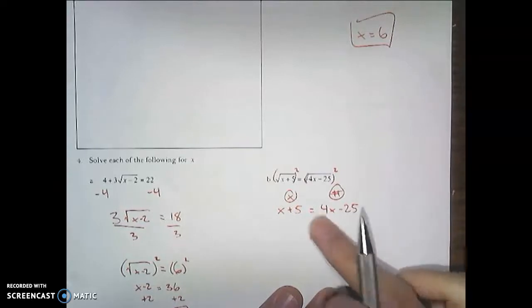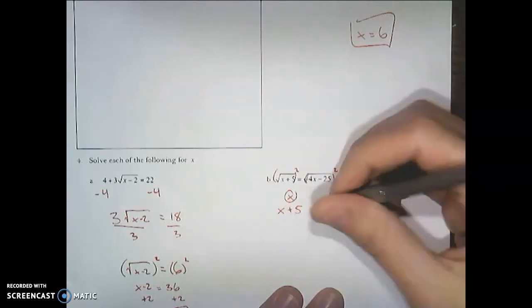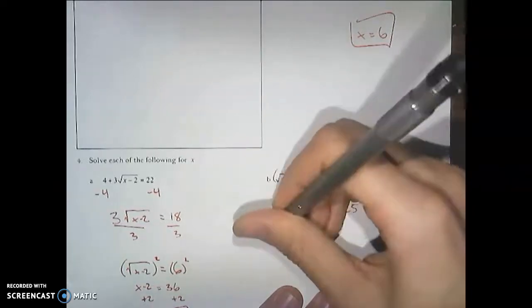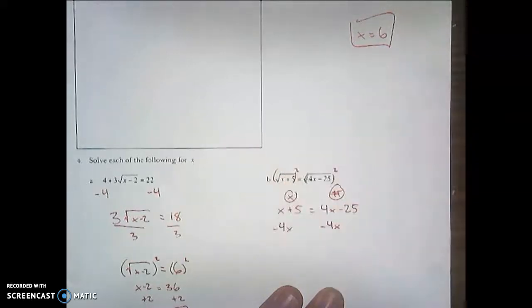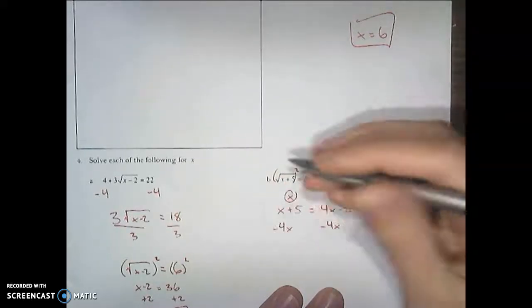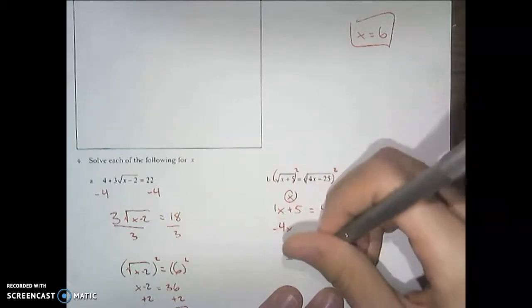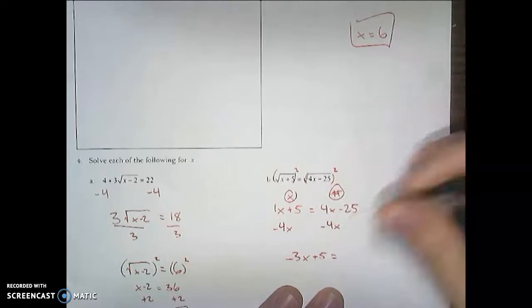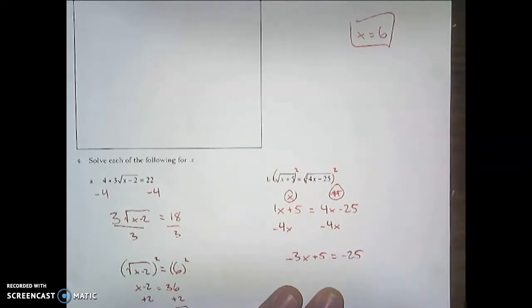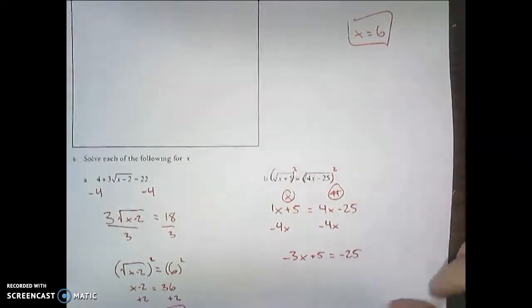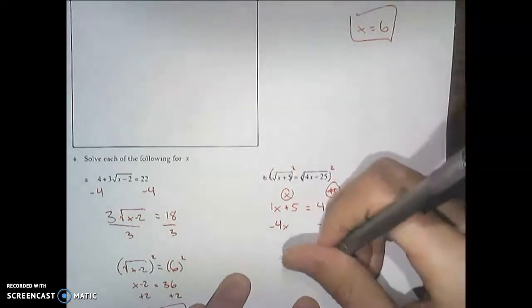So in order to get the x's over here, we're going to move this one over. So we're going to subtract 4x. So x, 1x, minus 4x is negative 3x. And then we'll bring down the plus 5, and we'll bring down the minus 25. Then we want the numbers over here, so we got to move this over to the other side.